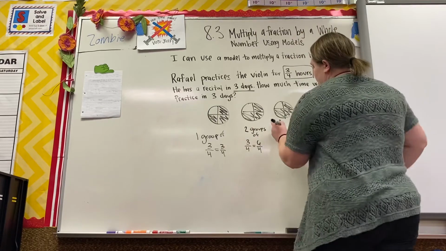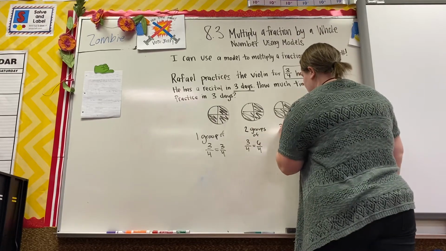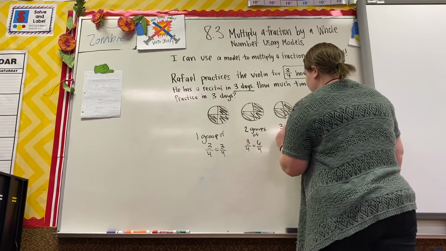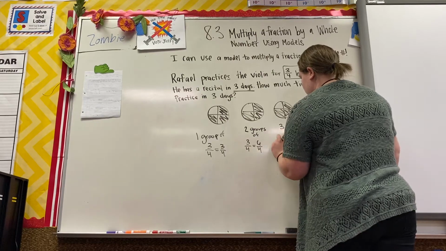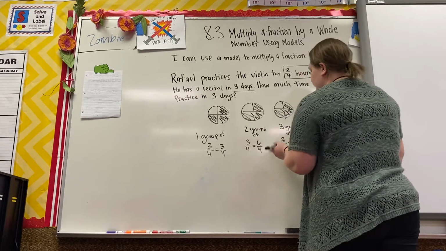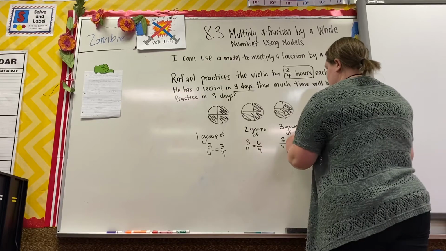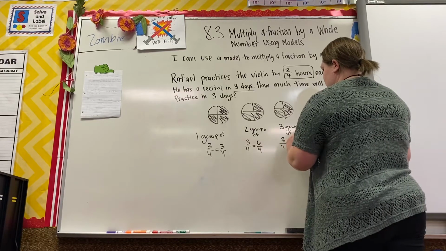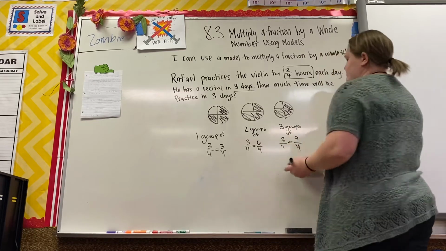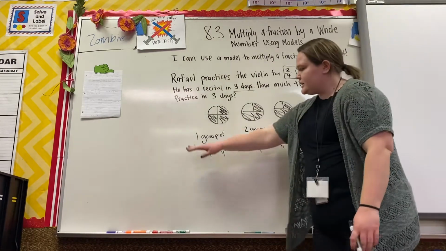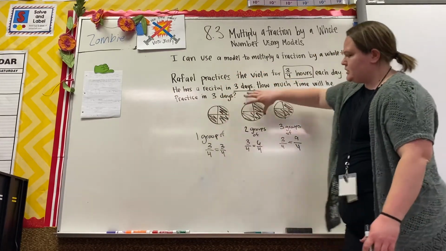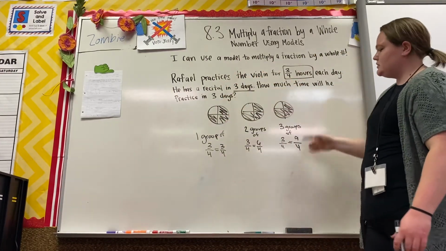Then we have 3 groups of 3/4, and we get 9/4. Okay, so we've taken each group and we get 9/4.